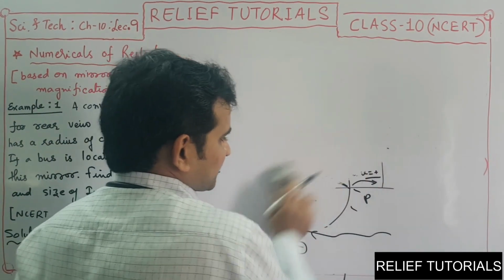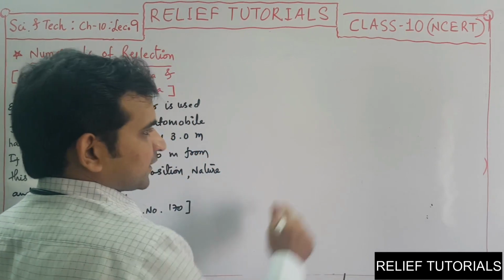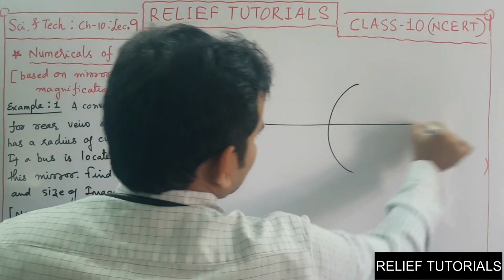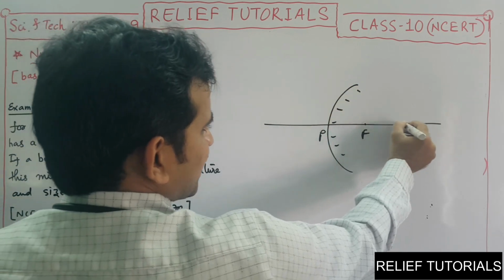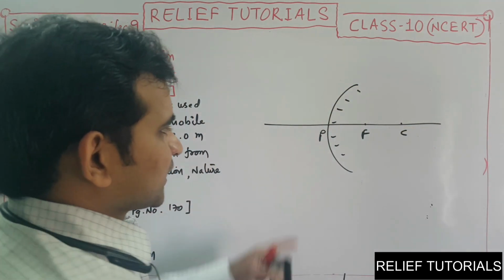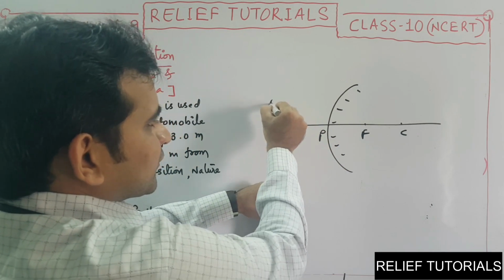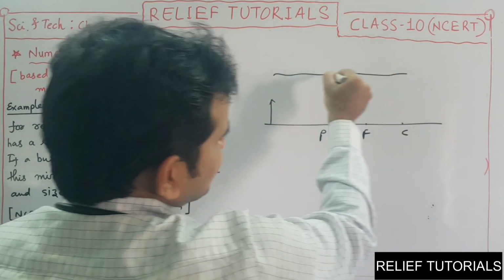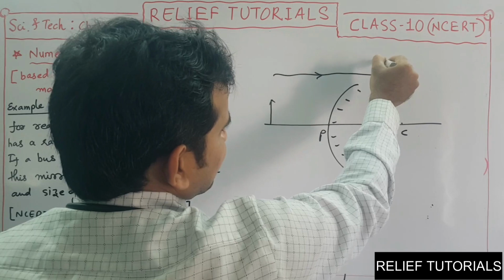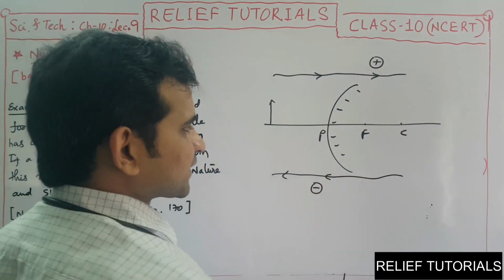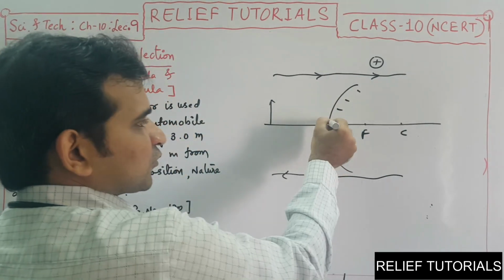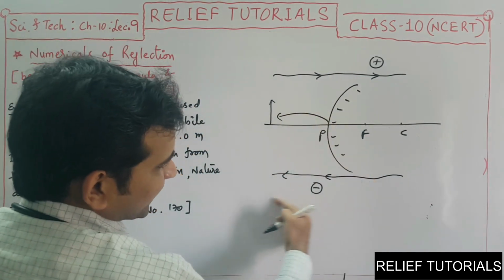What about the convex mirror? If I say this is the convex mirror, with P, F and C. Now the object will always be here on this side. So this is the direction of incident ray, and that will be positive. And this is the direction opposite to the incident ray, that will be negative. So the object distance is always on the negative side.